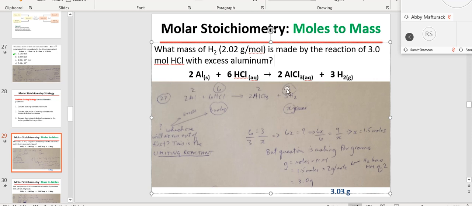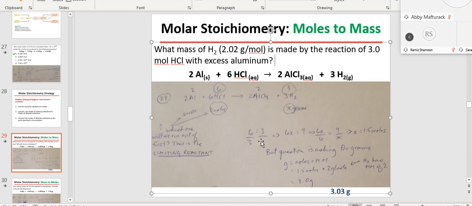What am I asking for? X grams, and I write it right in there. And the information you gave me, 3 moles of HCl. Okay, so moles, moles, moles. I can find out the number of moles of this. Is that what the question is asking for? No, but I need to find the number of moles first.